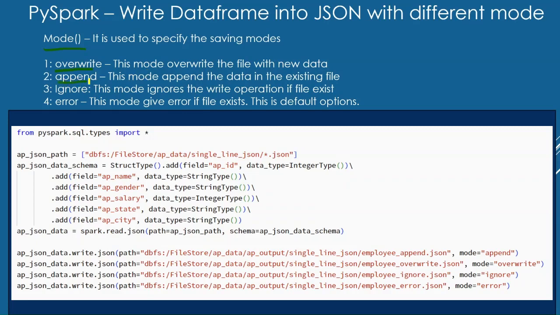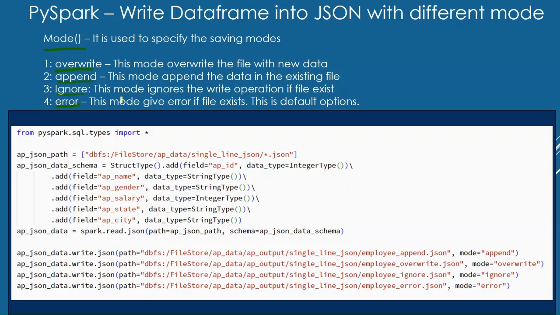Second one is append. This mode appends the data in the existing file. Third one is ignore. This mode ignores the write operation if the file exists. Another is error. This mode gives an error if the file exists, and this is the default option.